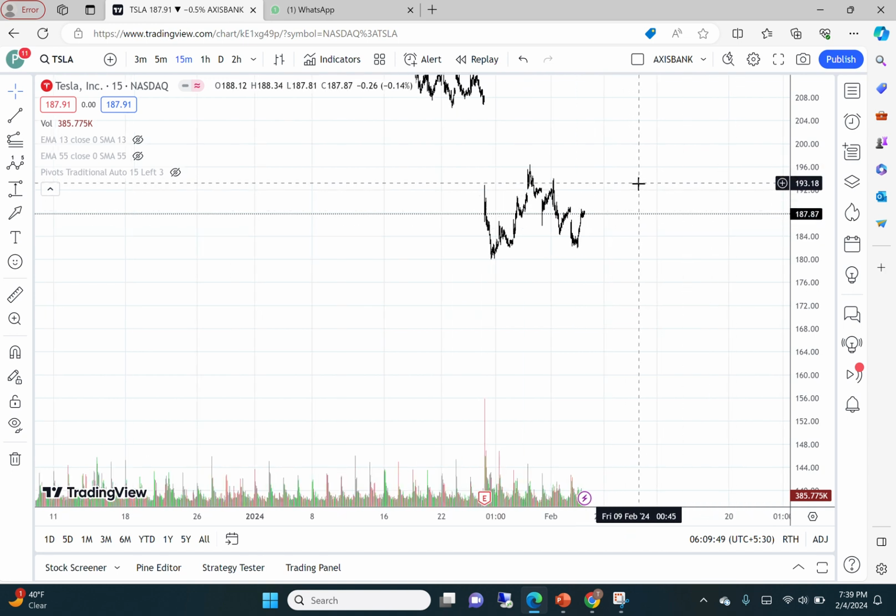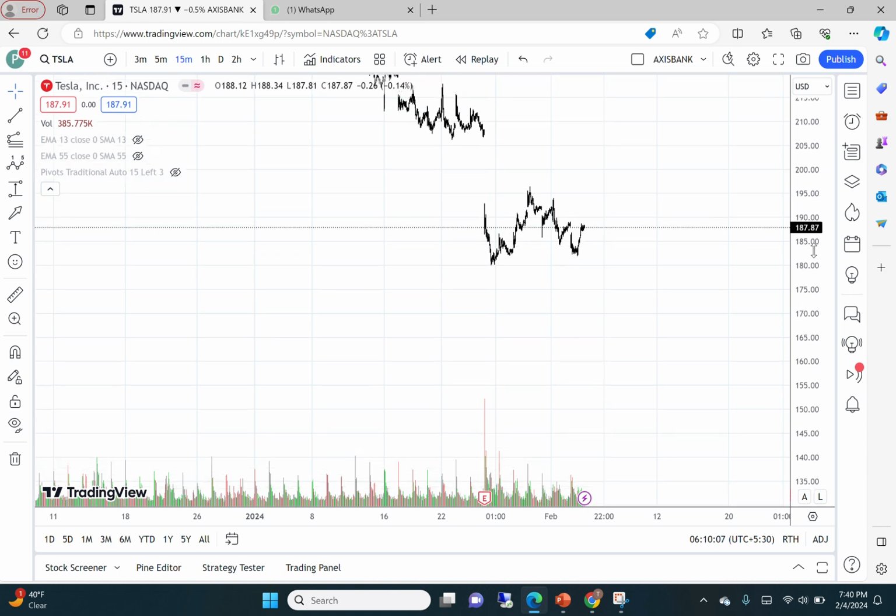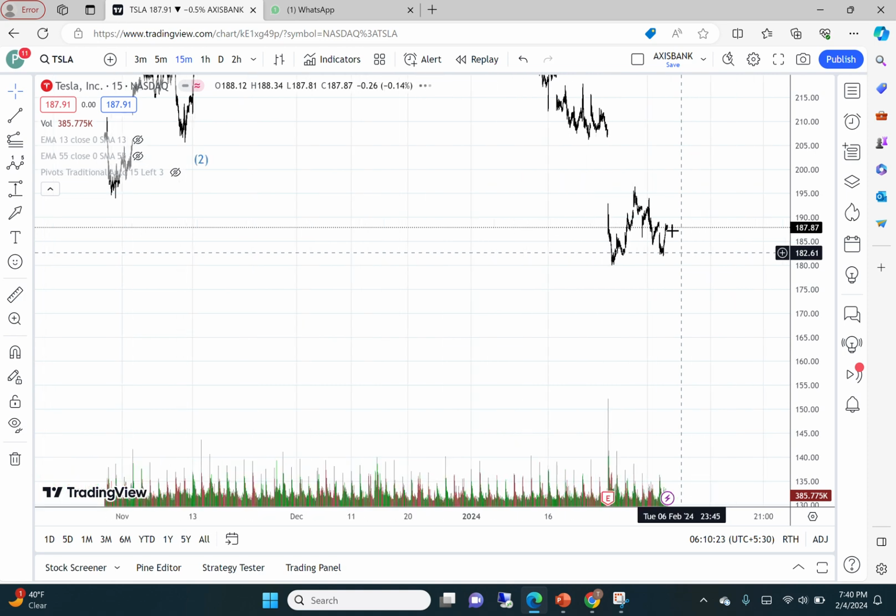Okay, so this will be my reflex points. In a short trade, 197 should be my stop loss, and I'll be shorting it right now. And the target that I'll be looking at is around 164 based on this. So price wise, 20 bucks down, and the risk is 10 bucks, which is also a good trade. So that's Tesla.